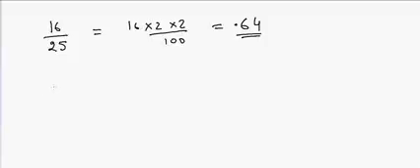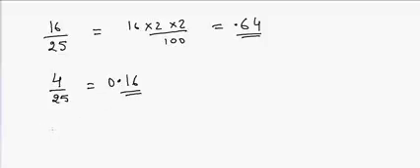Again, if I have 4 divided by 25, that will be equal to 4 into double of 4, which is 8, and double of 8 is 16. So 0.16.